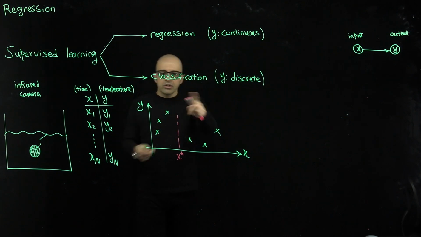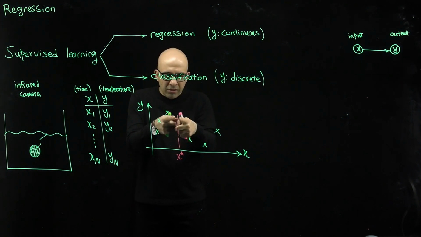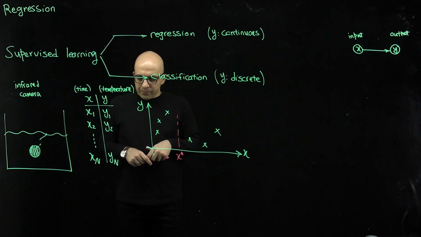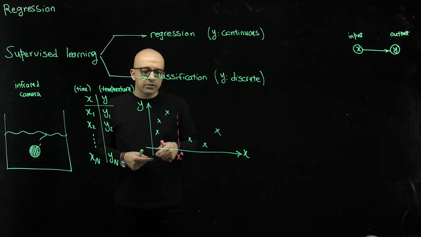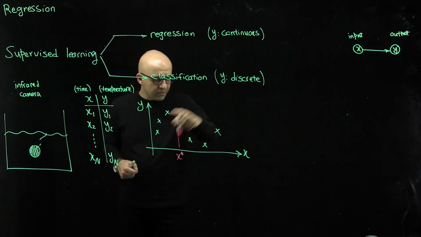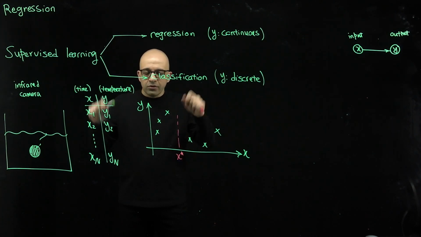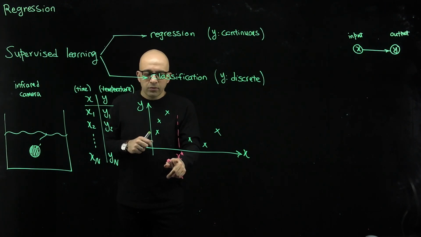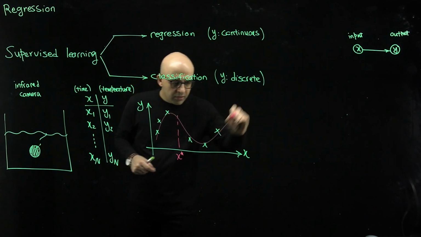I don't have any measurement here. So basically I want to use the measured data to make some prediction at this new point. One of the utilities of a regression model is doing just that. We can learn this relationship between Y and X. Once we learn that relationship, we can use our learned model and evaluate it at the new X. So assume that what we learn looks like this.